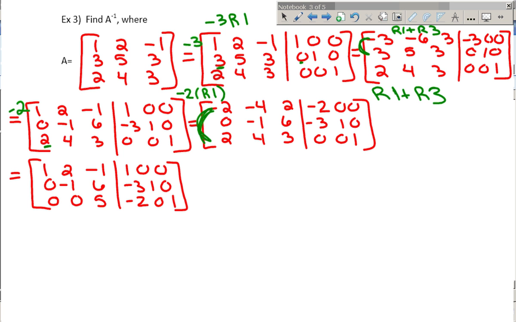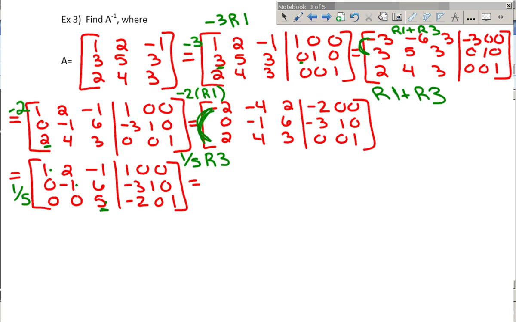So I'm on a good roll here. I've got those three zeros, which is awesome, but I want all of these diagonals to be 1. So let's work on that 5. What could I do to row 3 to make that into a 1? Well, I can multiply the whole row through by a fifth. So I'm going to multiply row 3 by 1/5.